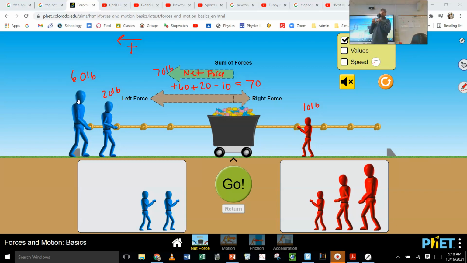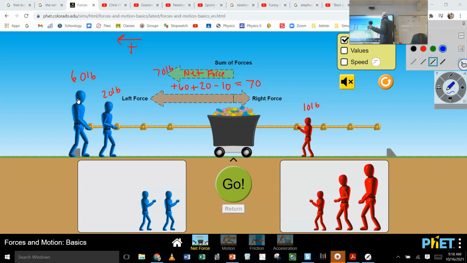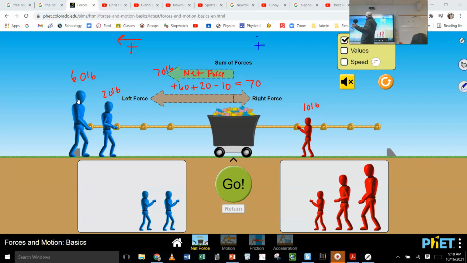Now, I could have done this problem making positive the other direction. And then this would be a positive 10, and it would have been a negative 20, and it would have been a negative 60. You add these together and you get negative 70. What that means is that my net force is in the negative direction, and the negative direction is this way.